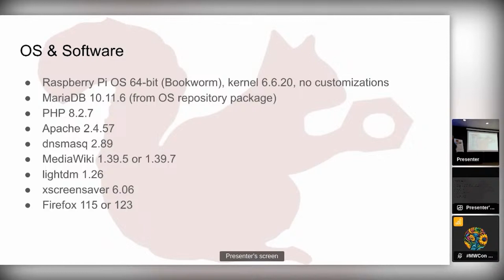And then you can see the stack here for MediaWiki, and we ran 1.39.5. We know that's not the newest version, but there was a reason for that. And then we stuck with newer versions of the Raspberry Pi OS, which give you the option of running X or running Wayland. We stuck with X because it gave us more flexibility for screensavers and other customizations.